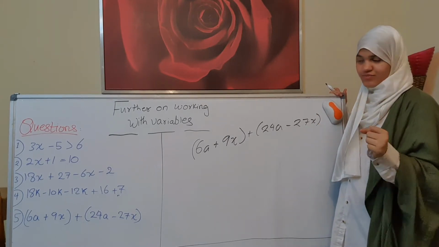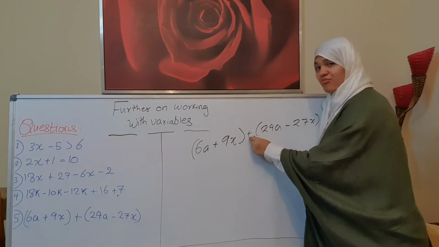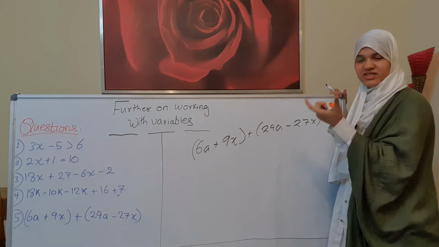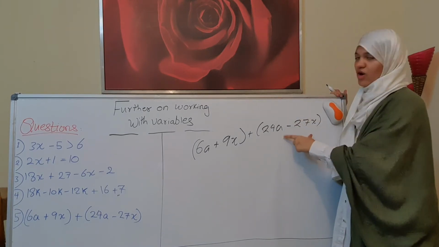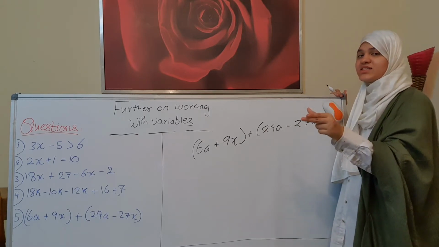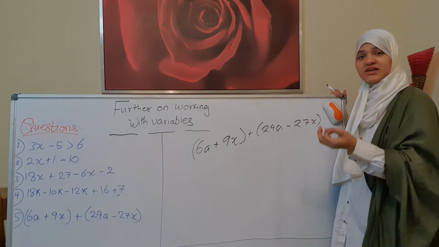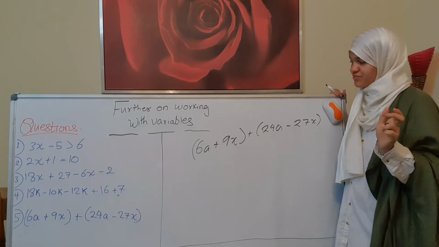First of all, we'll multiply the sign which is outside the bracket by the signs which are inside the bracket. Okay, this is the first thing. Second thing, we'll collect the like terms. Third thing, we will add and subtract like terms as we want.